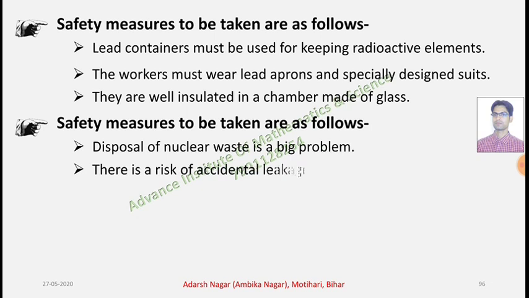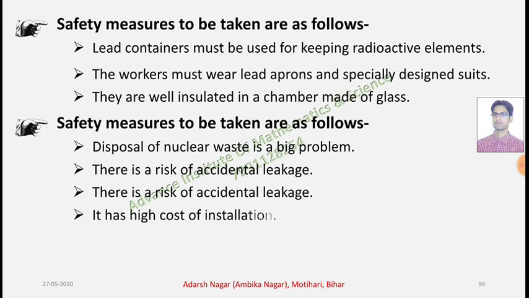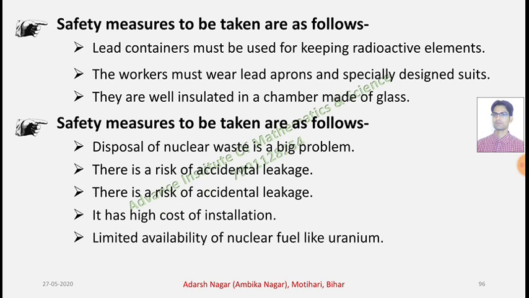And this is the safety measure taken for disposing the waste of the nuclear power plant.